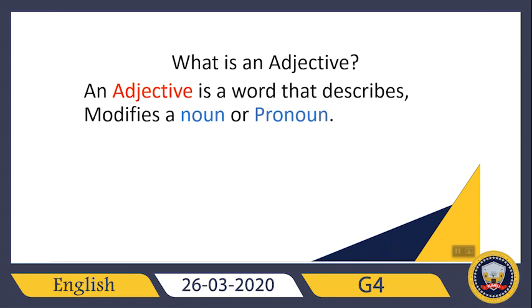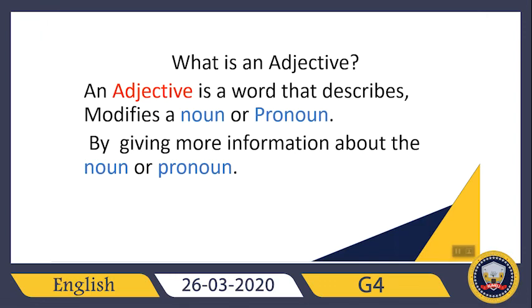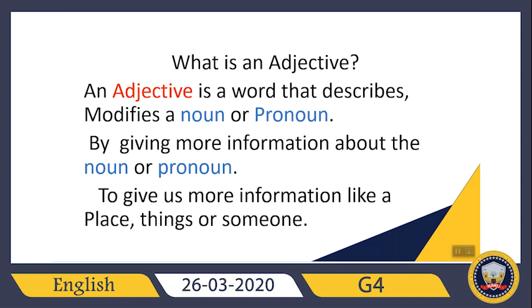So it describes a noun or a pronoun by giving more information about the noun or pronoun, like a place, things, and so on. So when you're giving information about a thing or someone, it's an adjective, because you're trying to explain, describe, and modify the thing.